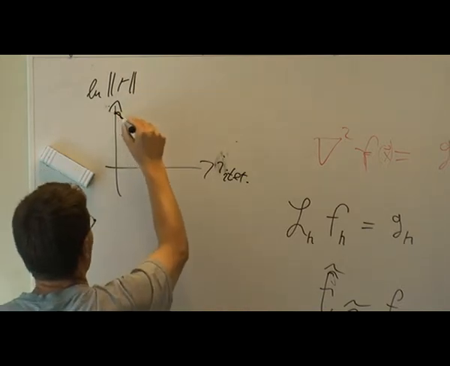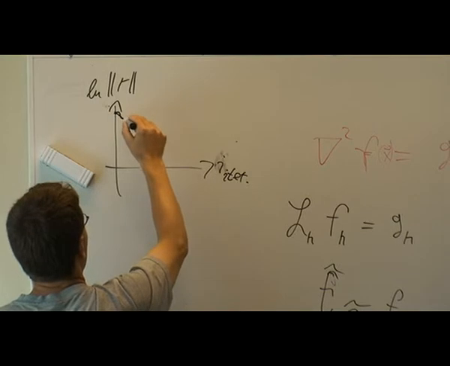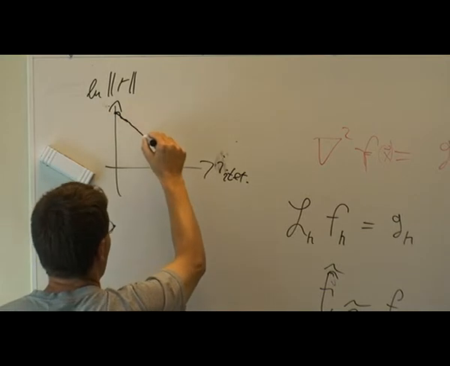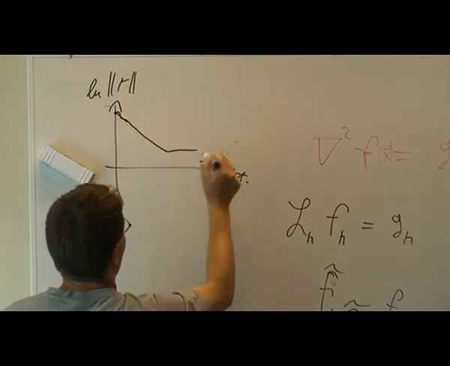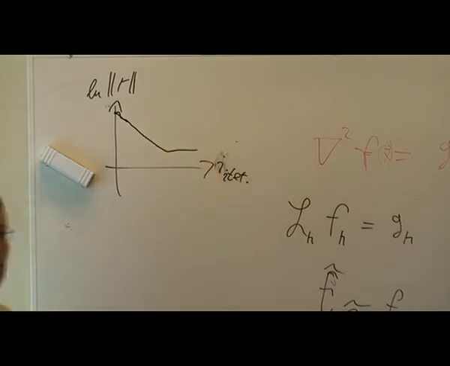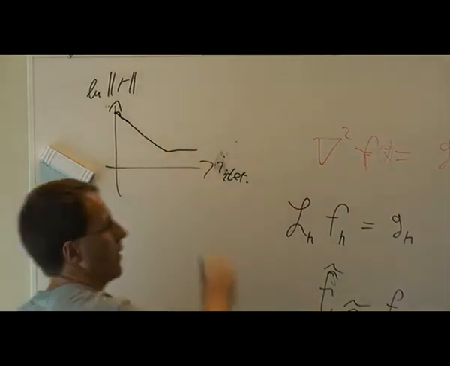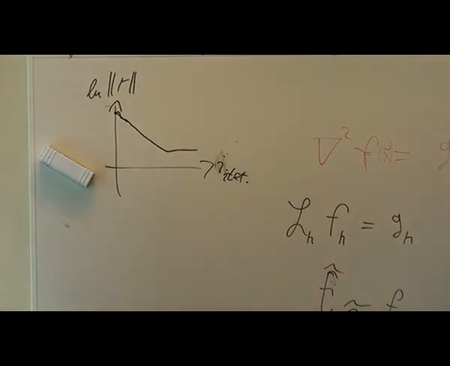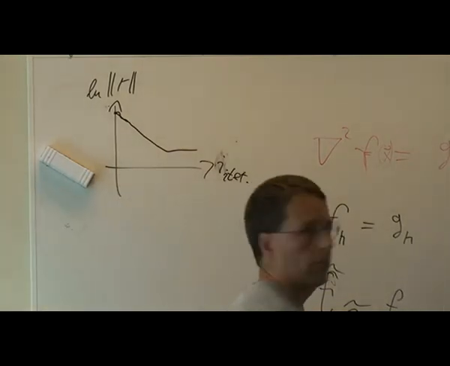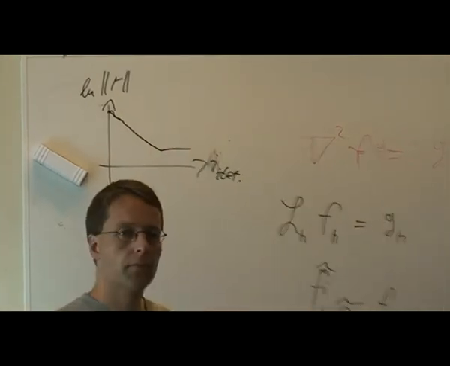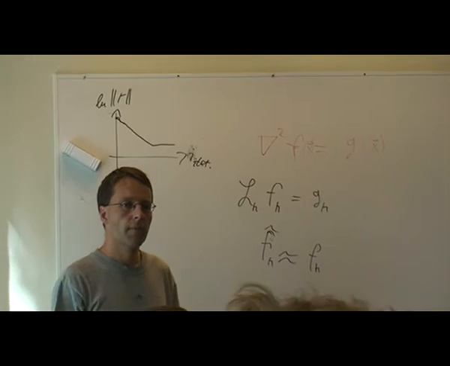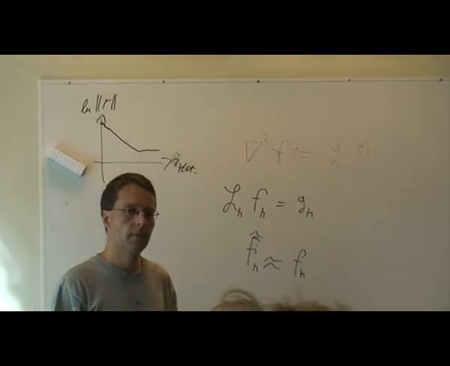Well, initially there may be some irregular behavior, and then it goes very nicely exponentially down. And then at some point you're just at the round-off level, and then it levels off.